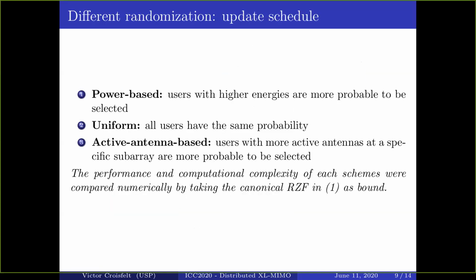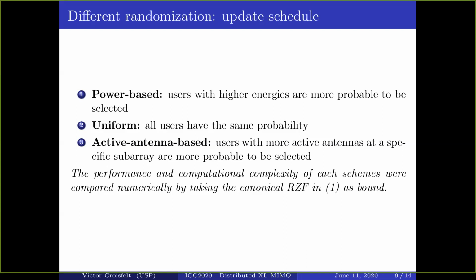So the different randomization schemes are the following. First, the power-based, in which users with higher energies are more often selected. Then we have, in second position, the uniform, wherein all users have the same probability of selection. And the third one, in which the probabilities are based on the number of active antennas of each user.